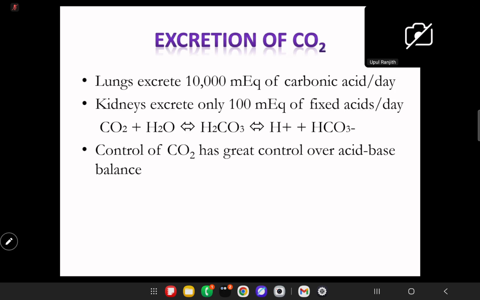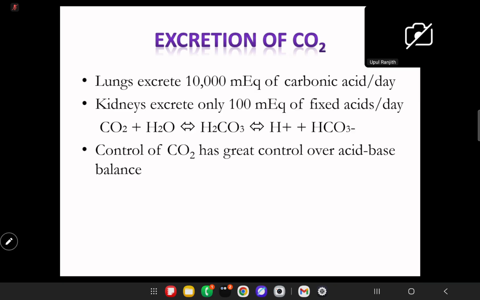The excretion of carbon dioxide plays a greater role in the control of acid-base balance in your body than your kidney. The lung excretes about 10,000 milliequivalents of carbonic acid, as carbon dioxide, from your body.